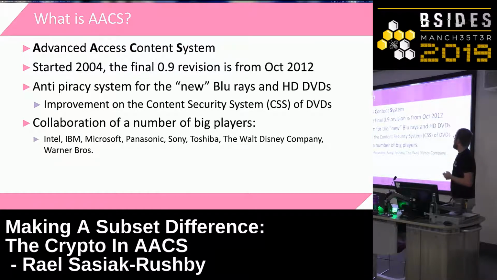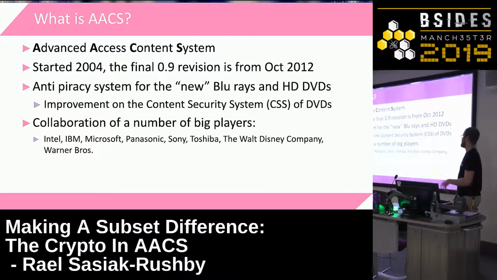It's also on HD DVDs, if you even care about those things that don't exist. It's a collaboration of a number of the big players. Basically, they all got together, formed this AACS licensing authority, and said, this is how we're going to encrypt stuff from now on.